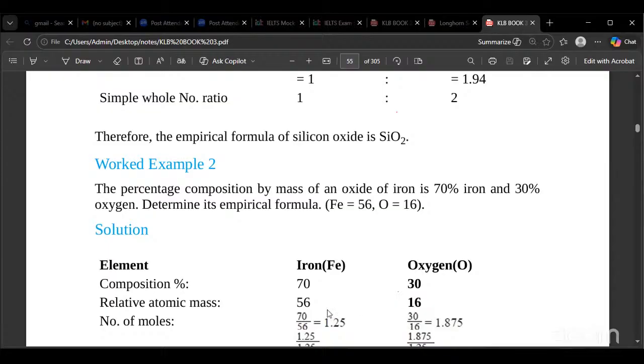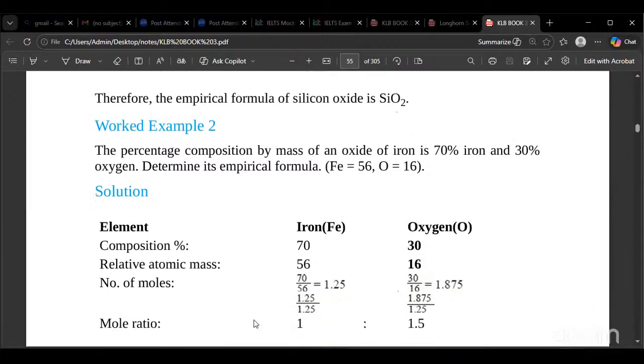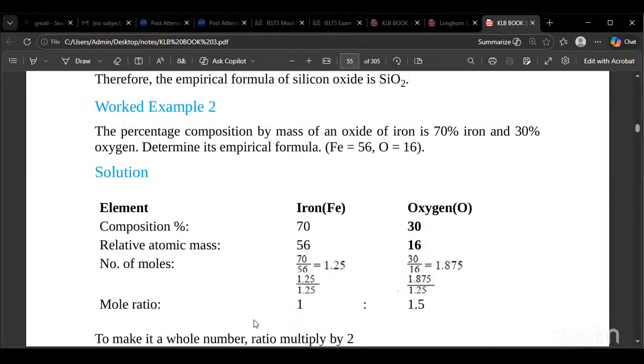It is relative atomic mass. Number of moles is the percentage composition over the RAM. Well, you get 1.25, 1.875. Now, if you divide, you get 1 and you get 1.5.